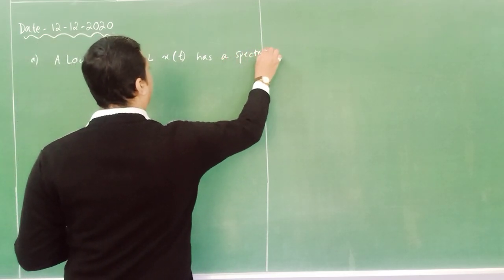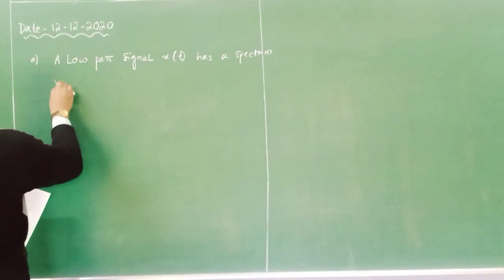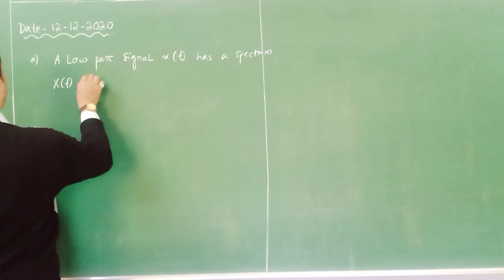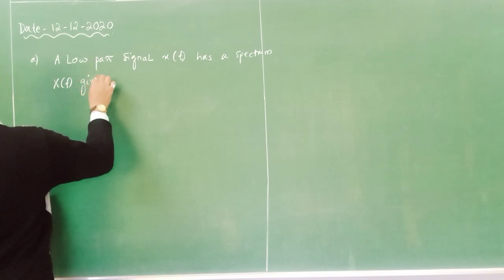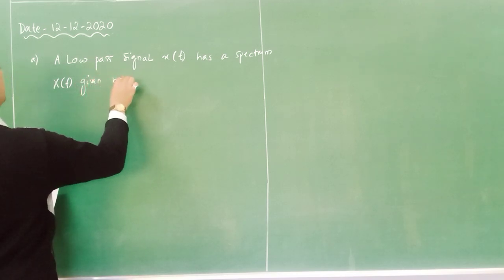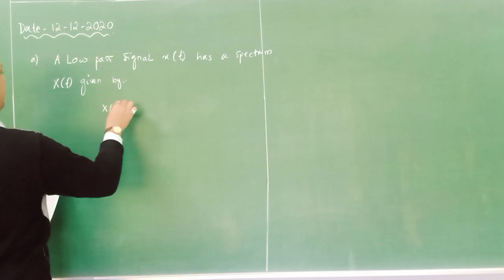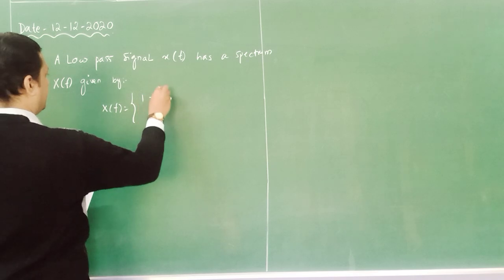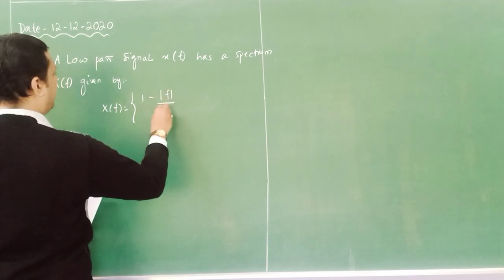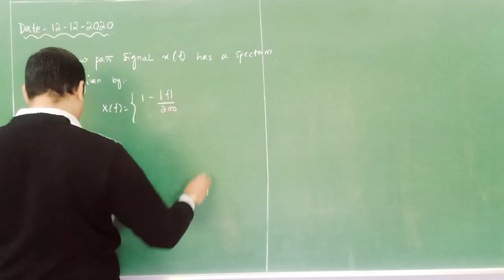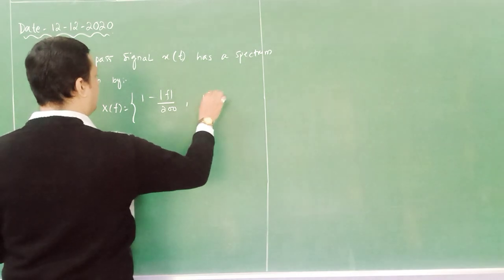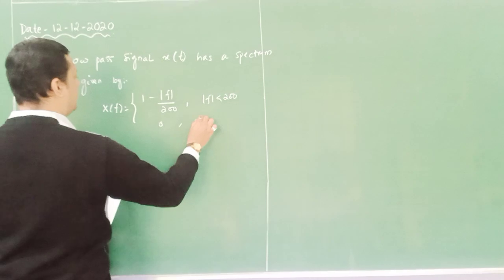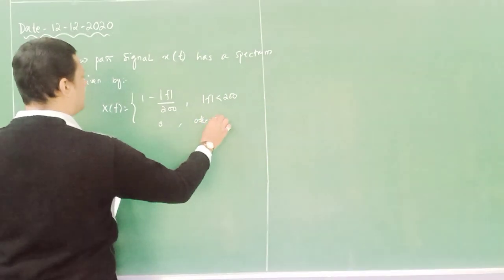Spectrum means its Fourier transform, X of f, given by the relation X of f is equal to 1 minus mod f divided by 200, where mod f is less than 200, and 0 otherwise.